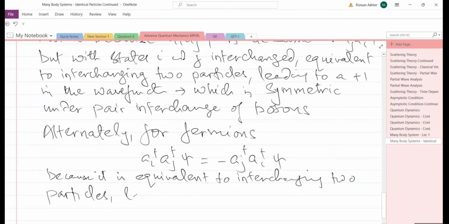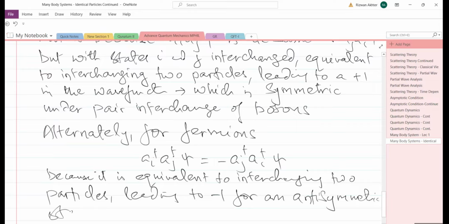So that's why lambda equal to plus 1 corresponds to a boson, and lambda equal to minus 1 corresponds to a fermion.